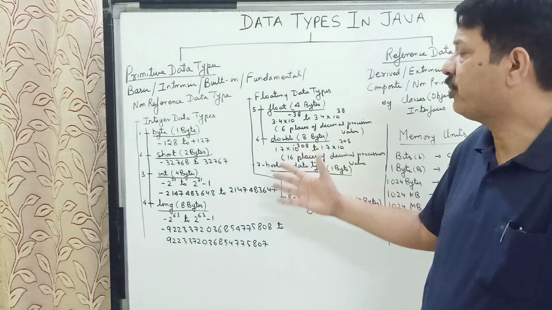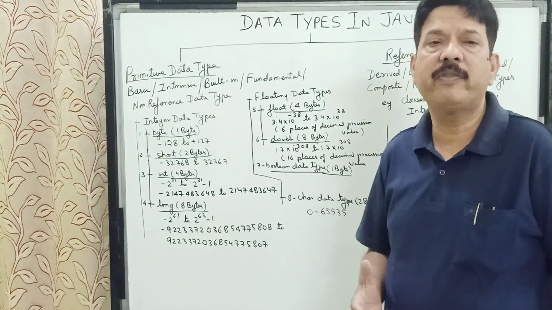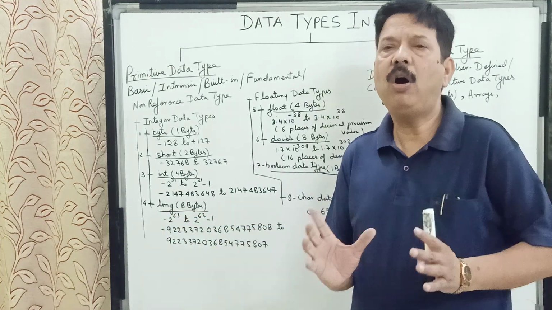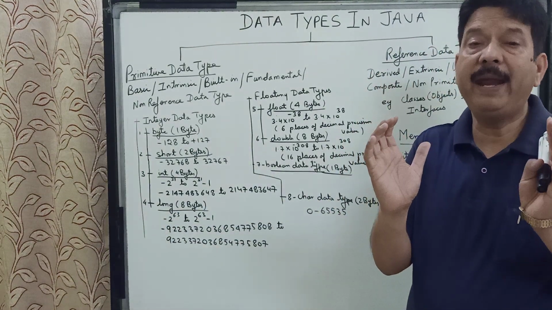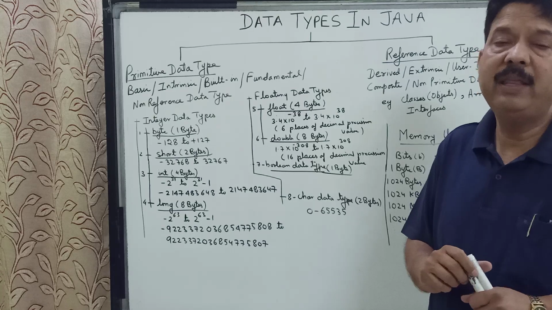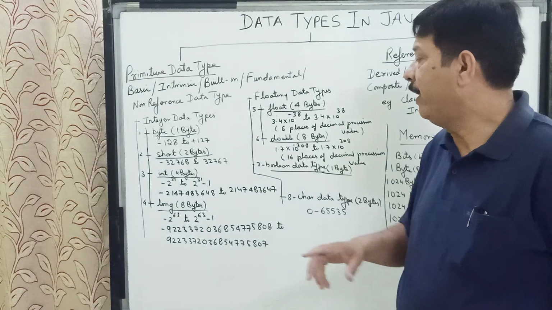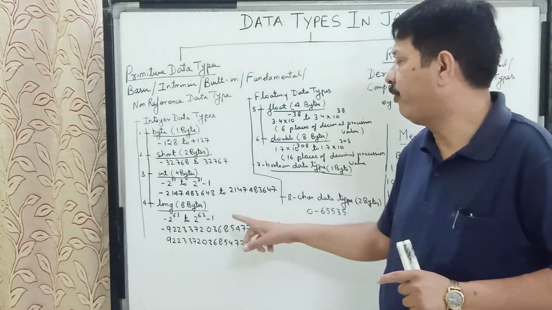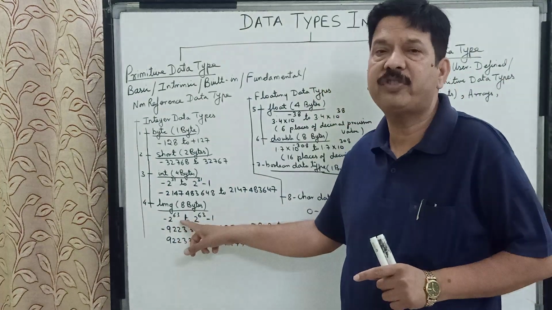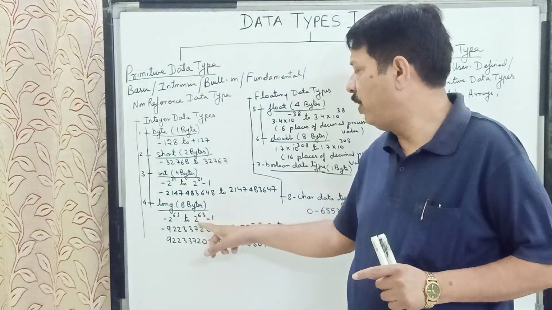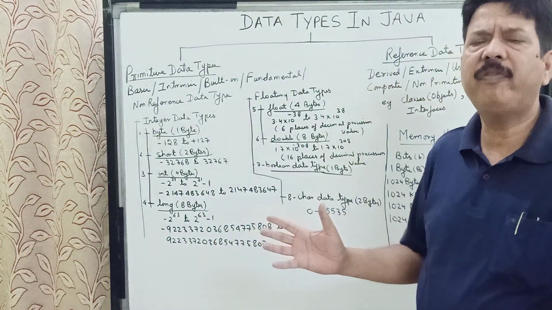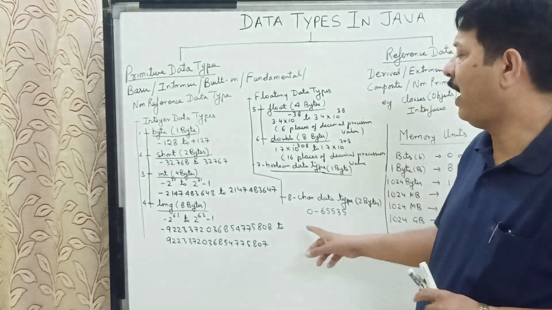And children, if you still want a bigger value than this, then we have a data type called long. This long data type is going to occupy 8 bytes of memory in the memory of the computer, and it is going to hold an integer number from -2 raised to the power of 63 to 2 raised to the power of 63 minus 1. And this is a very big figure, and I have written this figure here.